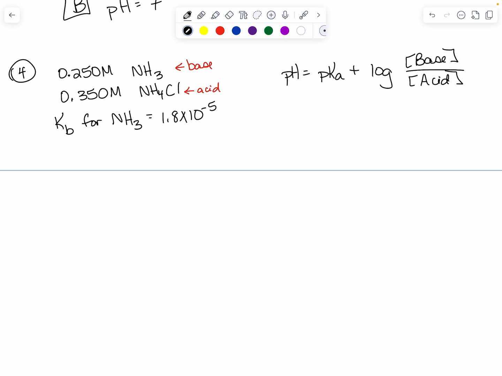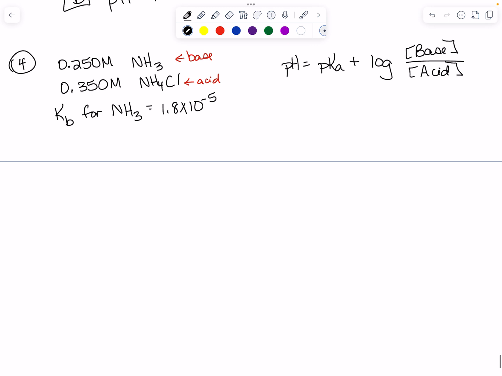It just so happens that the Kb for ammonia is the same Ka for acetic acid that we used earlier. That might be looking familiar to you. You're going to do again Kw divided by Kb to figure out what the Ka is. And the Ka is going to be 5.56 times 10 to the minus 10. The negative log of the Ka is the pKa, which is 9.26.